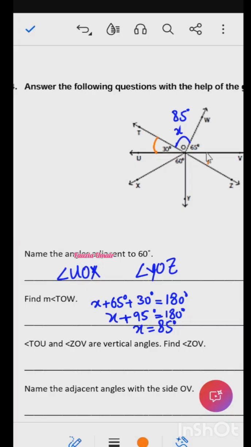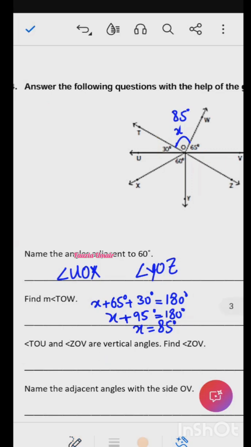So these two angles are vertically opposite. They are vertical angles. Find ZOV. So what would be ZOV? Ma'am, 30. This will also be 30 degrees. So you will just write down 30 degrees, right?